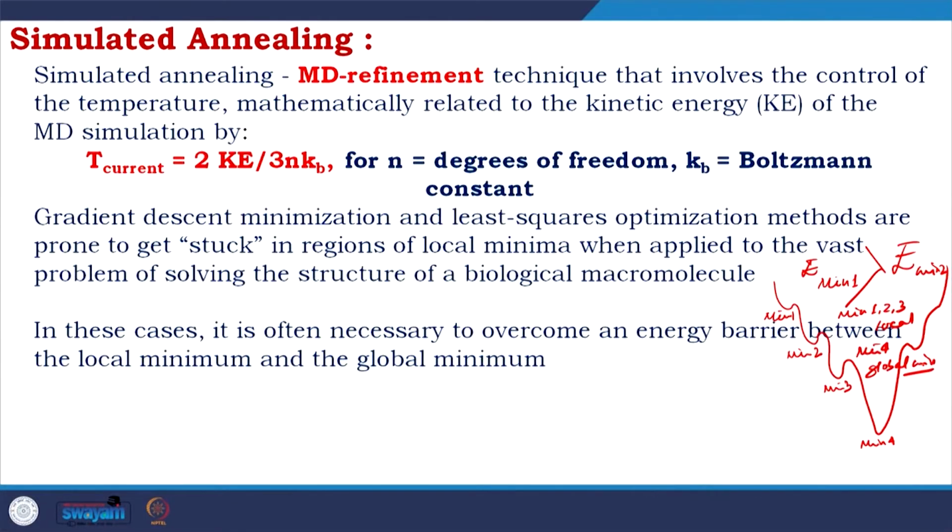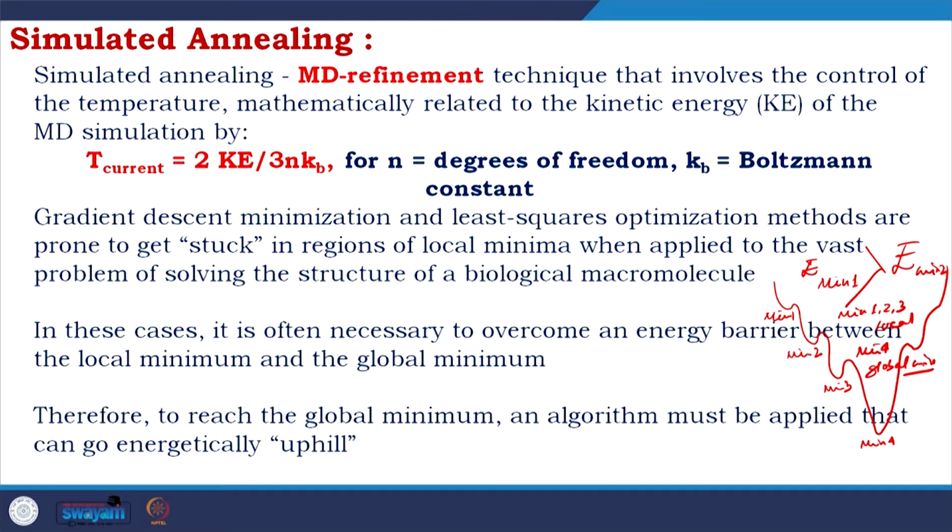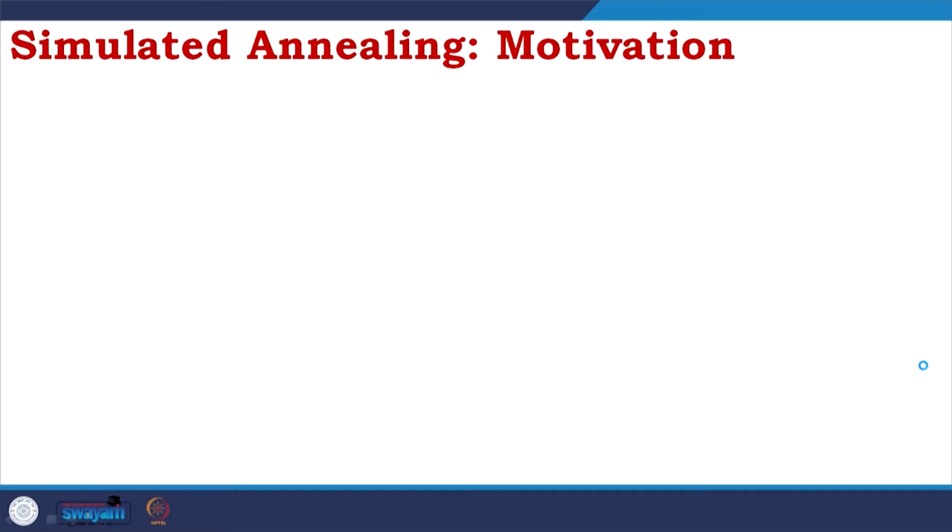In these cases, it is often necessary to overcome an energy barrier between the local minimum and the global minimum. Therefore, to reach the global minimum, an algorithm must be applied that can go energetically uphill. Motivation of simulated annealing: motivated by the physical annealing process, meaning heating process.